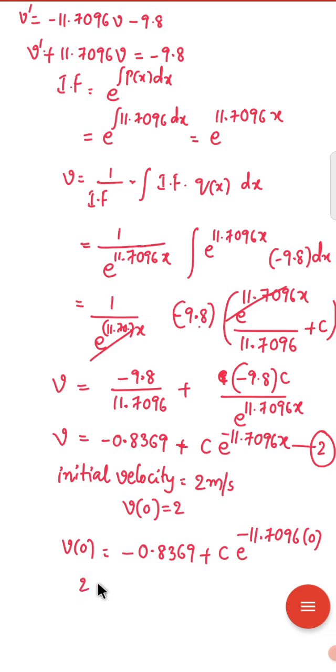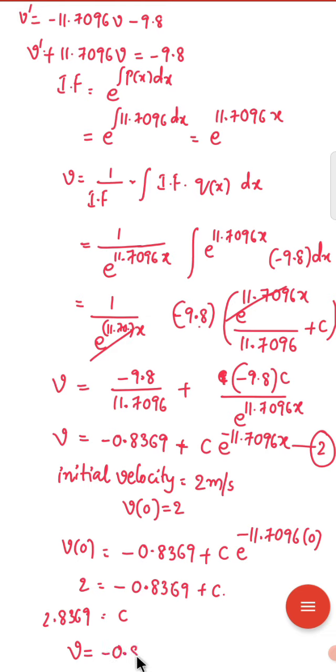We know v of 0 is 2, minus 0.8369 plus c e to the power of 0. The total one becomes e to the power of 0, so c into e power 0 is 1. So it remains the c. Now c is equals to 2.8369.